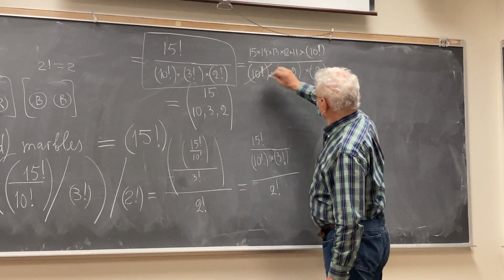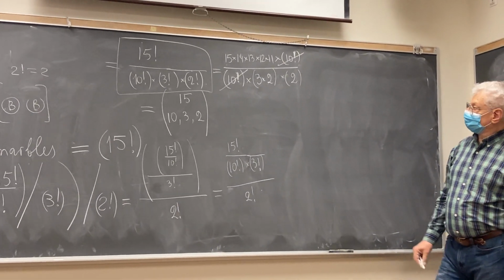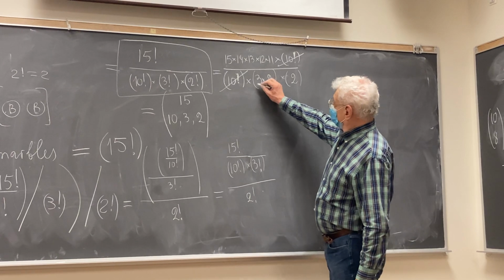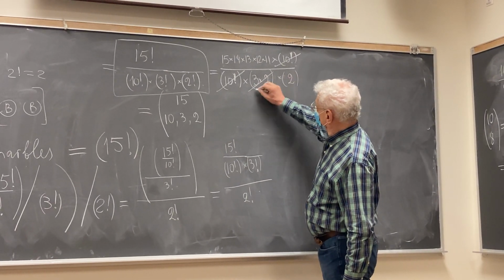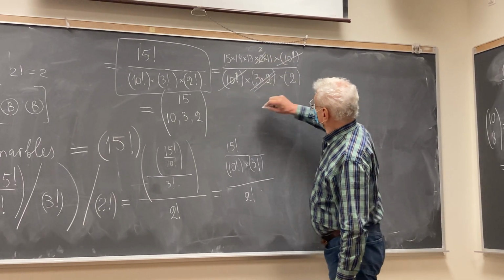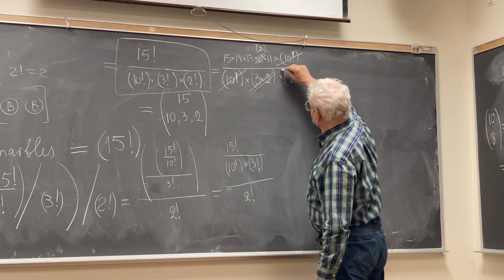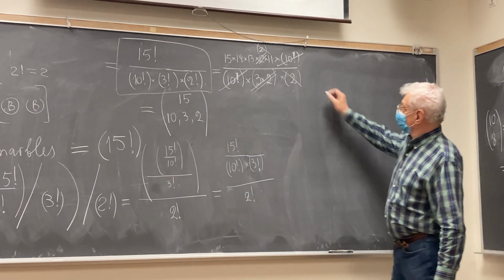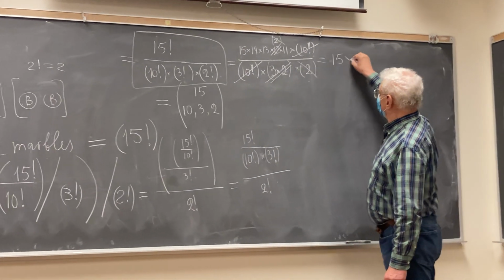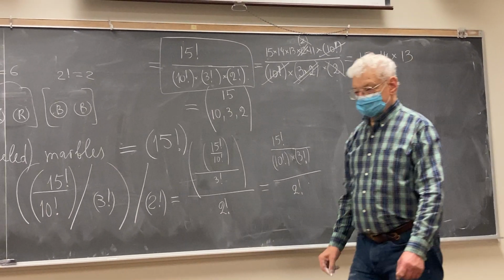And you see that 10 factorial and 10 factorial cancel out. And after that, what do you see? 3 times 2 is 6. And 12 divided by 6 will be 2. And then this 2 and that 2 also cancel out. What you finally have to get is 15 times 14 times 13, whatever number it is.